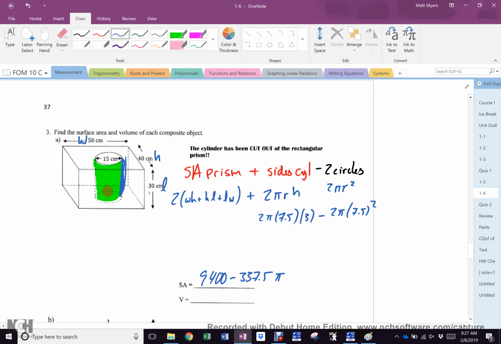Volume is way easier, because that's the volume of a prism minus the volume of a cylinder.